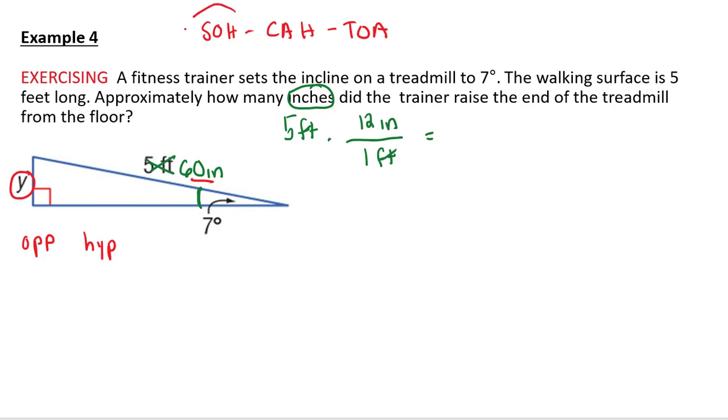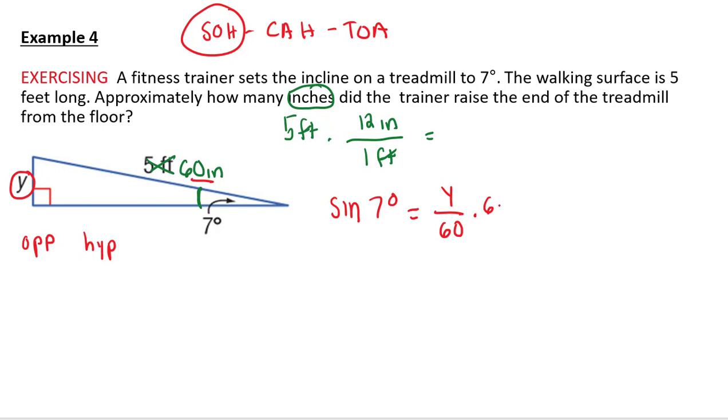So sine of 7 degrees is equal to my opposite over my hypotenuse.